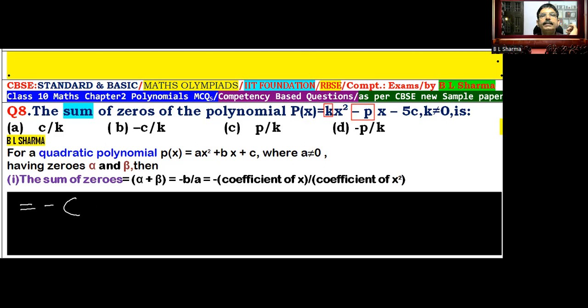So we can write here negative of negative p divided by k, negative negative positive. So that is p upon k will be the answer. So C is the correct option. For this quadratic polynomial, the sum of zeros will be p upon k.